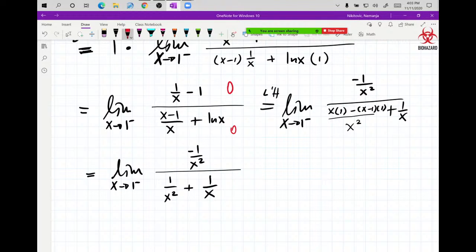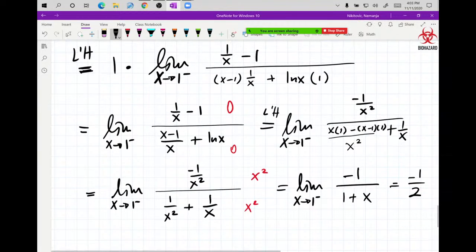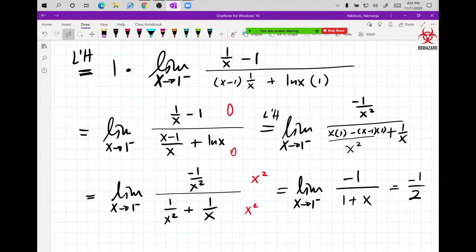Multiply top and bottom by x squared because you can. And there you go. That's negative 1 divided by 1 plus x. So negative 1/2.